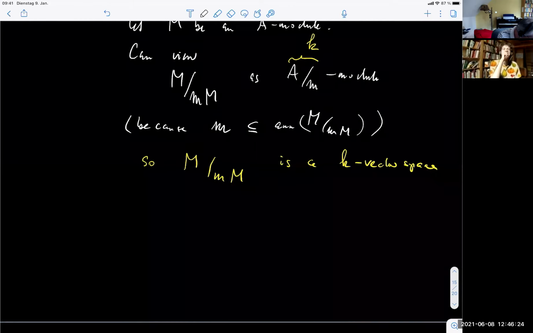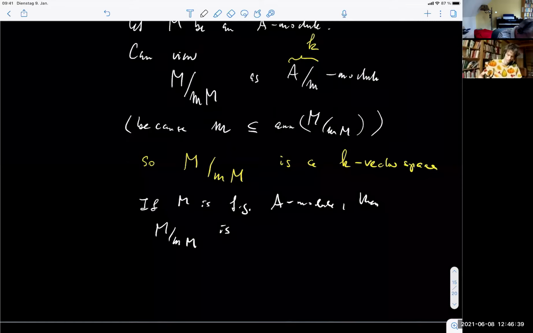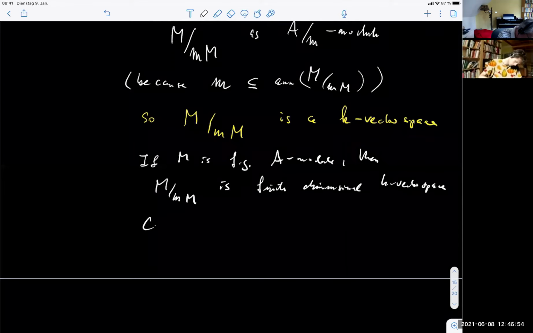So if M is a finitely generated A module, then this quotient object is a finite dimensional K vector space. So now let's look at the canonical projection, the canonical morphism from M to the factor module.